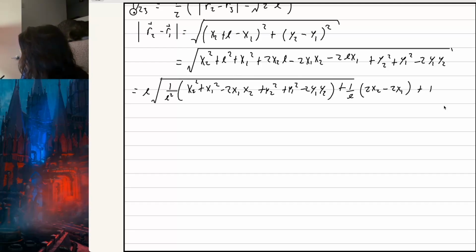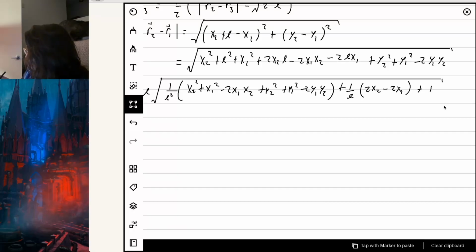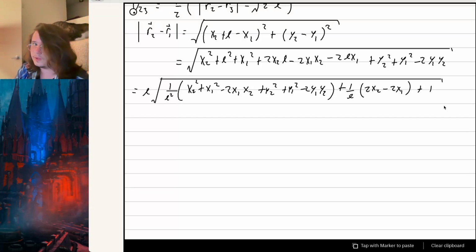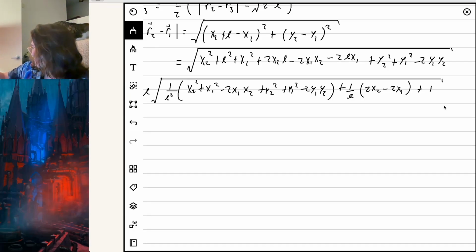Beautiful. Now, the thing to notice about this whole chicanery is that in the theory of oscillations, all of these x1, x2, y1, and y2 are much smaller than the length of the spring. Small oscillations. So you know what we get to do?